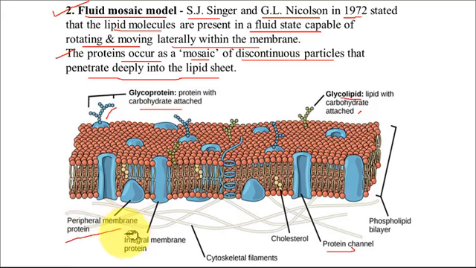Then the integral membrane proteins are there. And these cytoskeleton filaments are distributed below the plasma membrane. And here and there are cholesterol structures embedded in the phospholipid bilayer. So this whole thing is the phospholipid bilayer.